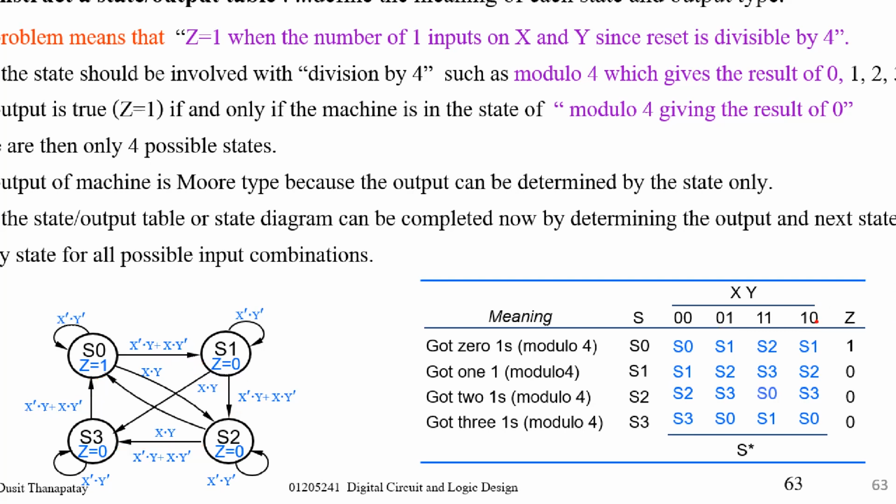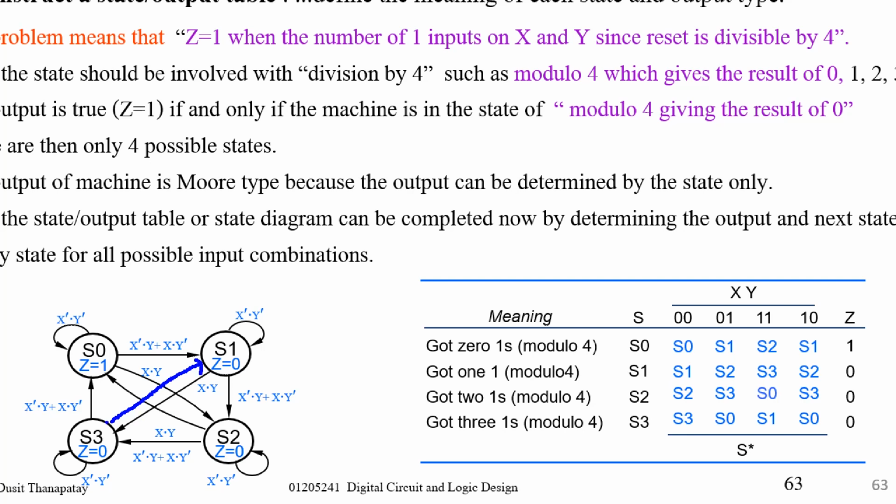And if input is 1,1, you skip one step, this to this, this to this, and S3 to S1.